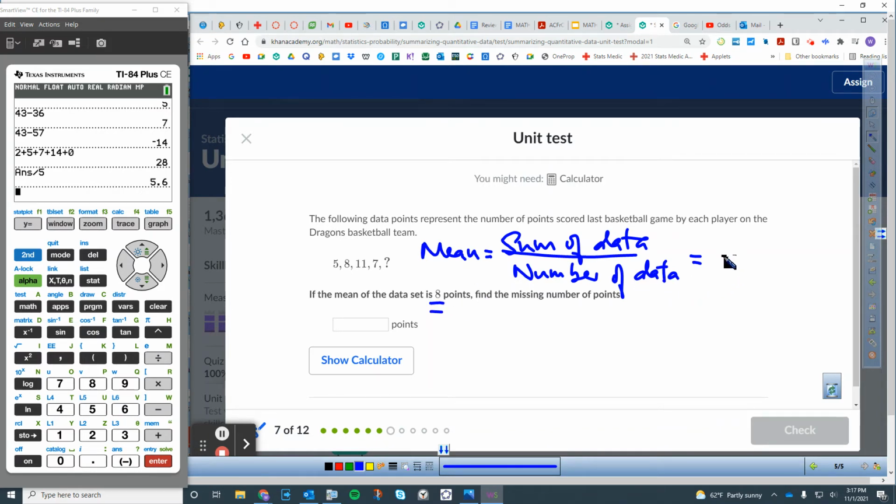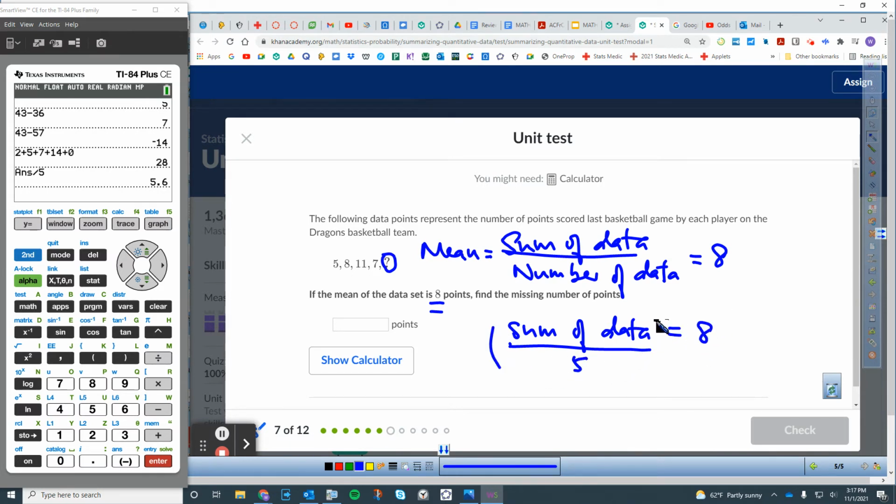So we were given 8. Now the sum of data we don't know because we have a missing number here. But we know the number of data: 1, 2, 3, 4, 5. So 5, and then the mean is 8.